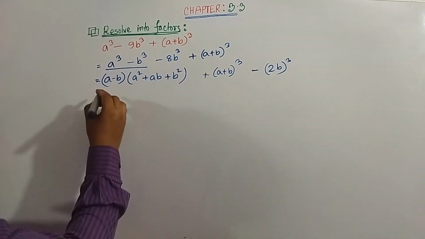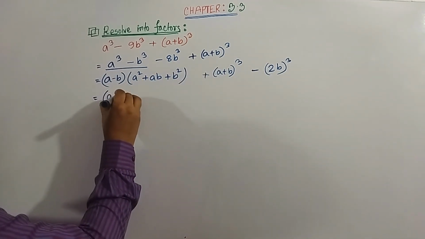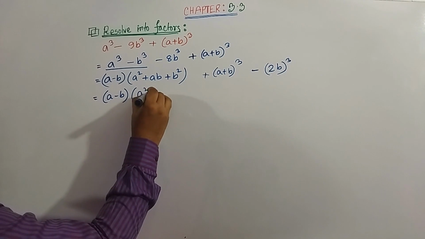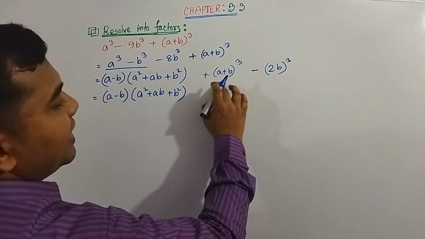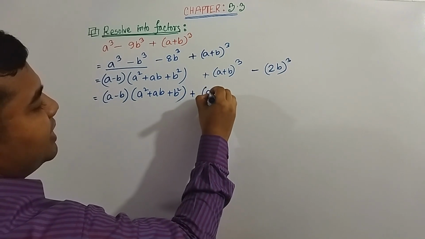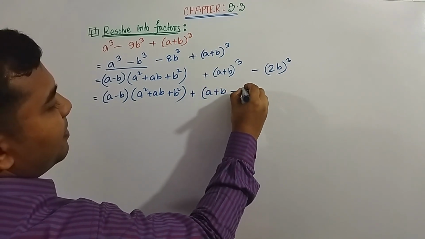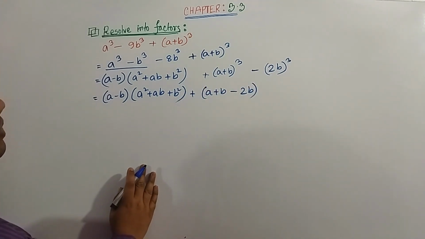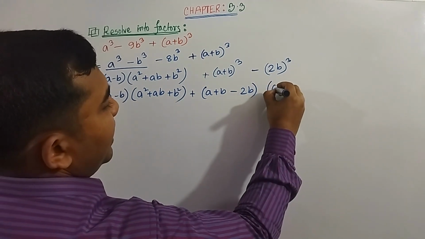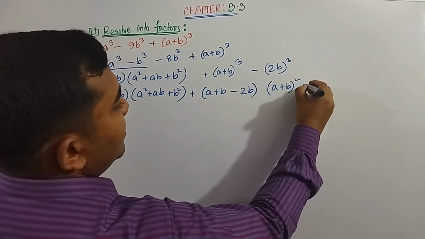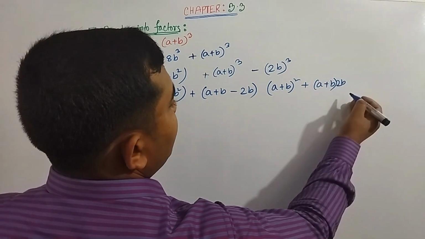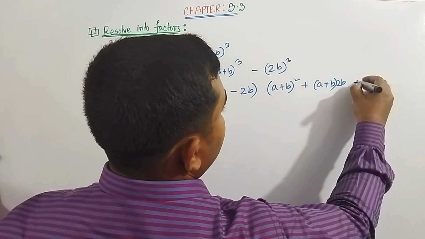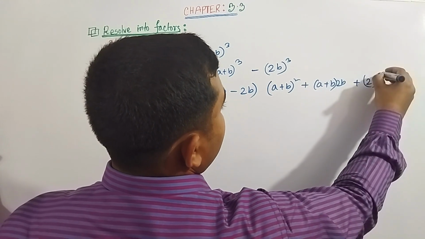And what will be the formula of that? Here this part will remain as before, and here a cube minus b cube can be written as a minus b into a square plus ab plus b square.